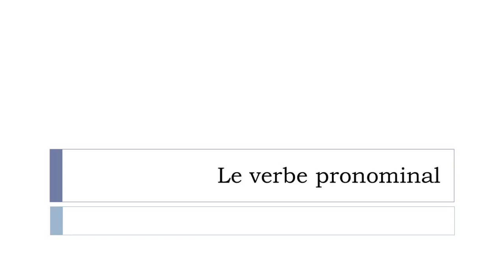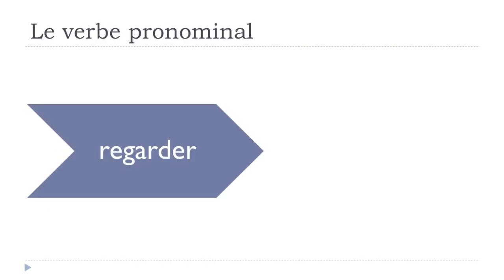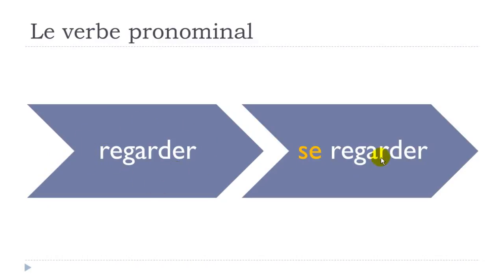Le verbe pronominal. So, what is le verbe pronominal? So first we'll take an example. Regarder, to look, to watch. Okay? And then se regarder. In that case it would be to look at oneself. Okay? So that's the important thing about this verbe pronominal.